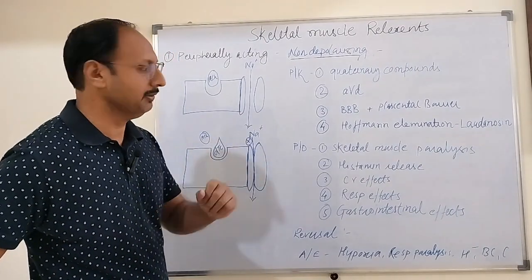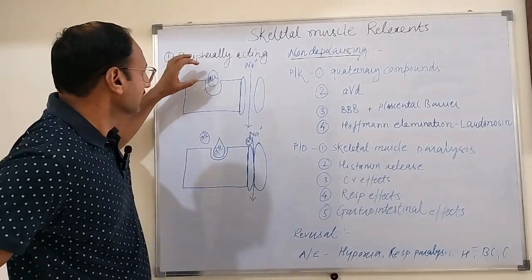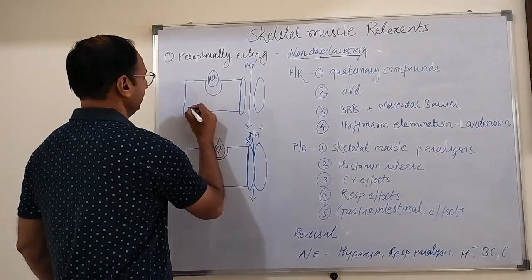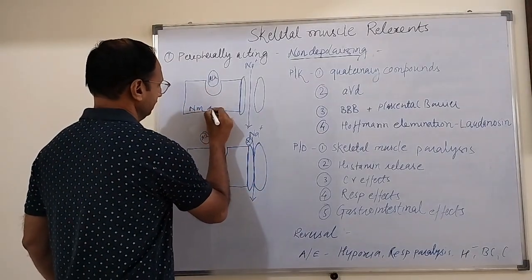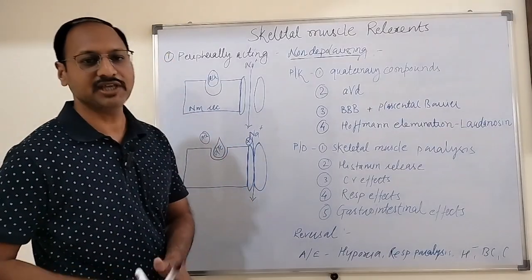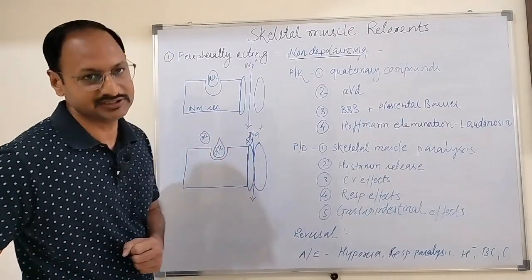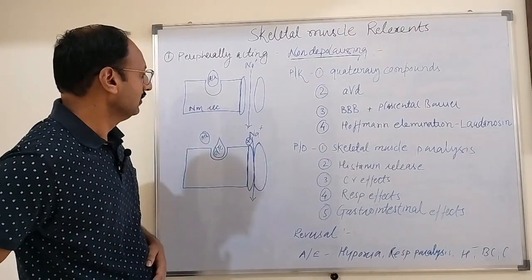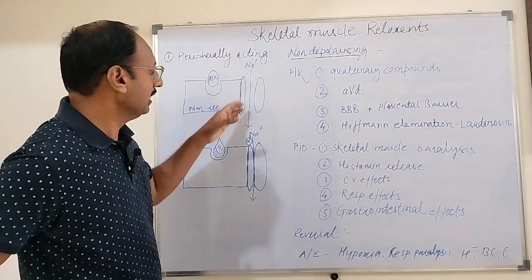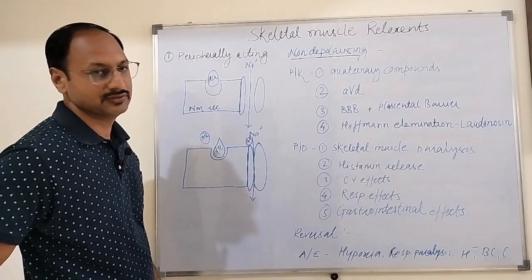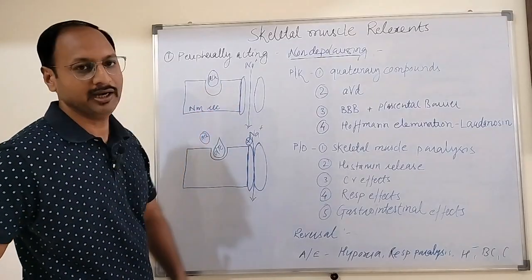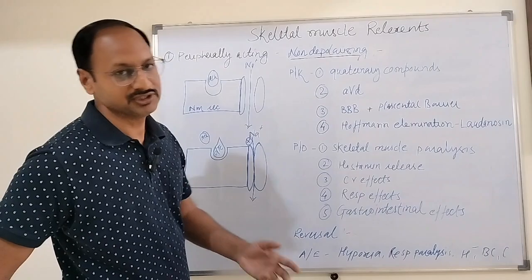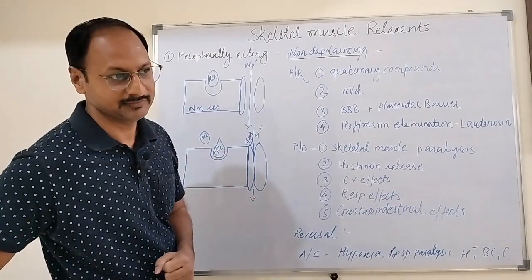Normally, acetylcholine binds with these NM receptors present in the motor end plate of the skeletal muscle, which leads to opening of sodium channels. Influx of sodium ions leads to depolarization, which results in muscle contraction.